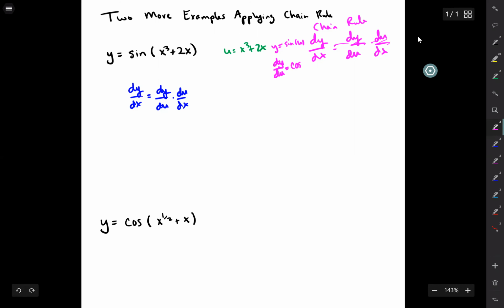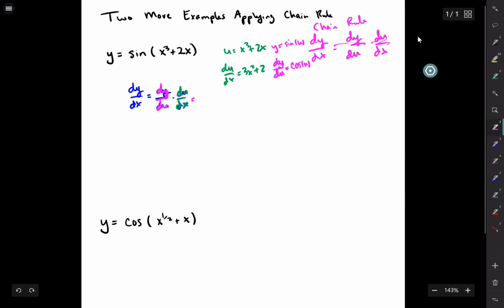Derivative of sine is cosine. And then du/dx is going to be 3x squared plus 2. So maybe I'll color code this. So du/dx is this piece here, and dy/du will be that piece there.